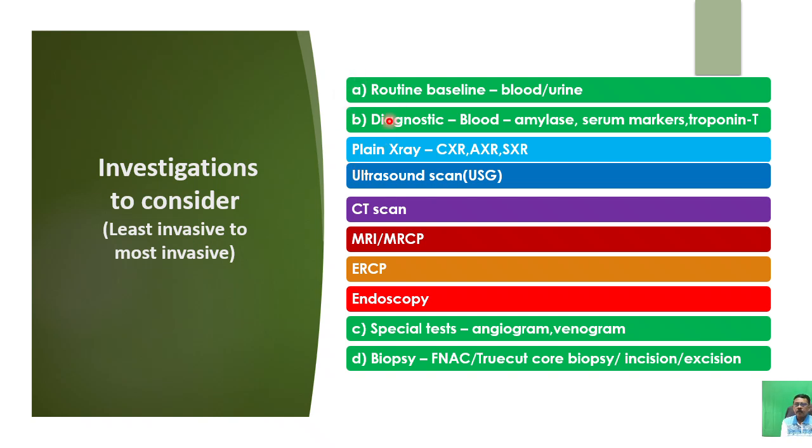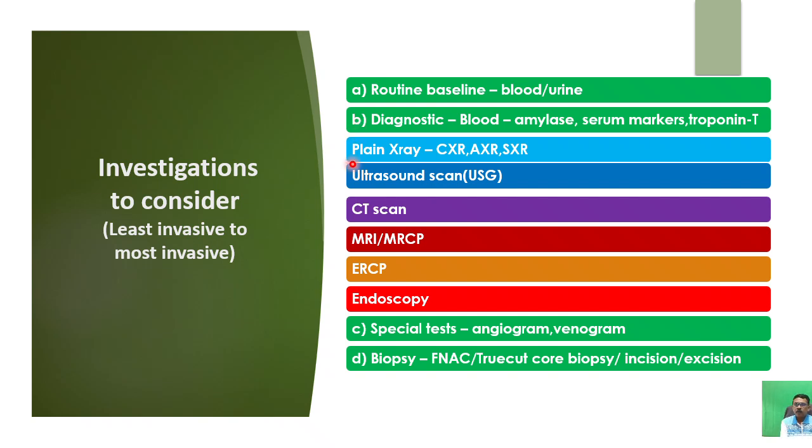Then come the diagnostic investigations of the blood and urine. For example, in a patient with abdominal pain where you suspect acute pancreatitis, serum amylase becomes a diagnostic test. In a patient with chest pain where you suspect myocardial infarction, markers like troponin T become a diagnostic blood investigation.